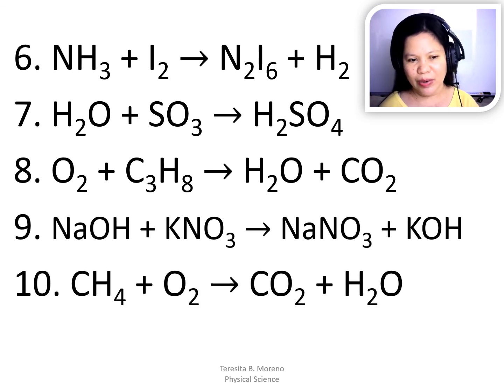I hope you can now identify what type of chemical reaction is presented in this set of examples. I want you to try to answer it first, and then you can check it using the internet, or you can go back to the equations that we have, especially on the different types of chemical reactions.